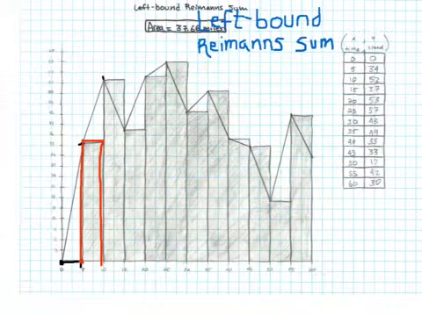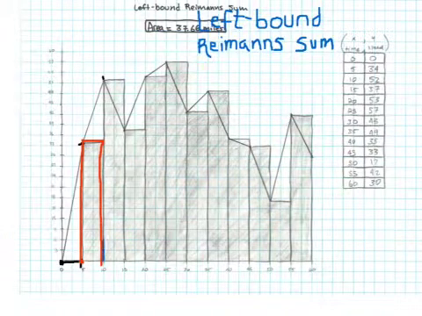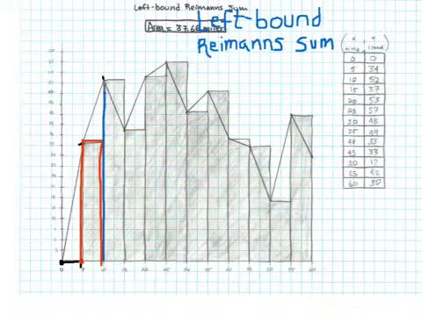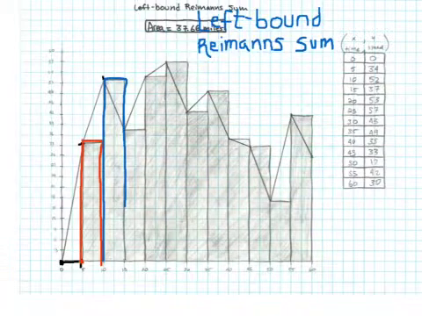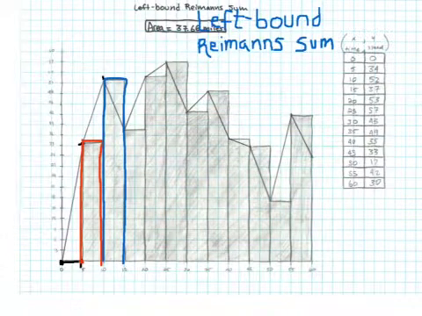I'm going to do the same for the 10 to 15 minute interval. I take the left side of the interval at 10, go all the way up until it meets the graph, across and down. And you can see how I've done this for the entire graph.